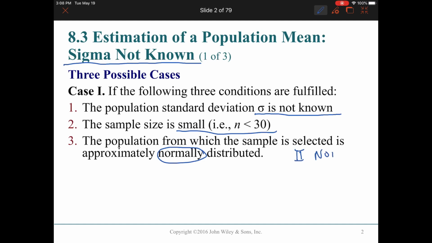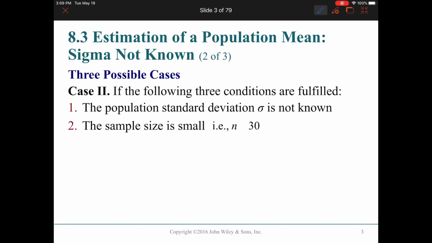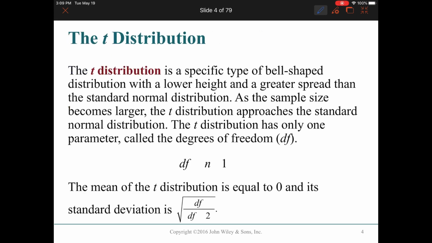If you happen to have a small sample size, then you must have a normally distributed situation, or case 2 would be if you already have normal, then you don't care what n is, it could be anything. And case 3, well, we don't want to talk about that because that is not covered in 262. That's the unfortunate case where you have a small sample and you don't know if you have normality, then you can't do anything about it in this particular class. So there's the review of that.